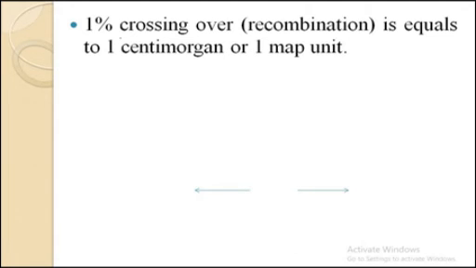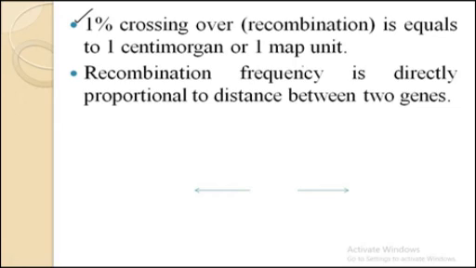So 10.5% crossing over or recombination is equal to 10.5 centimorgan or 10.5 map units.